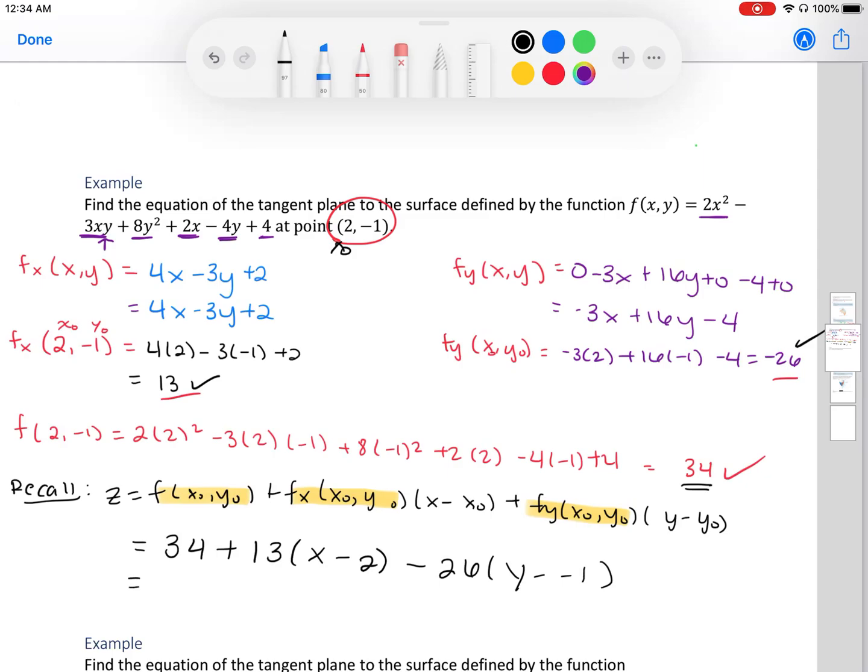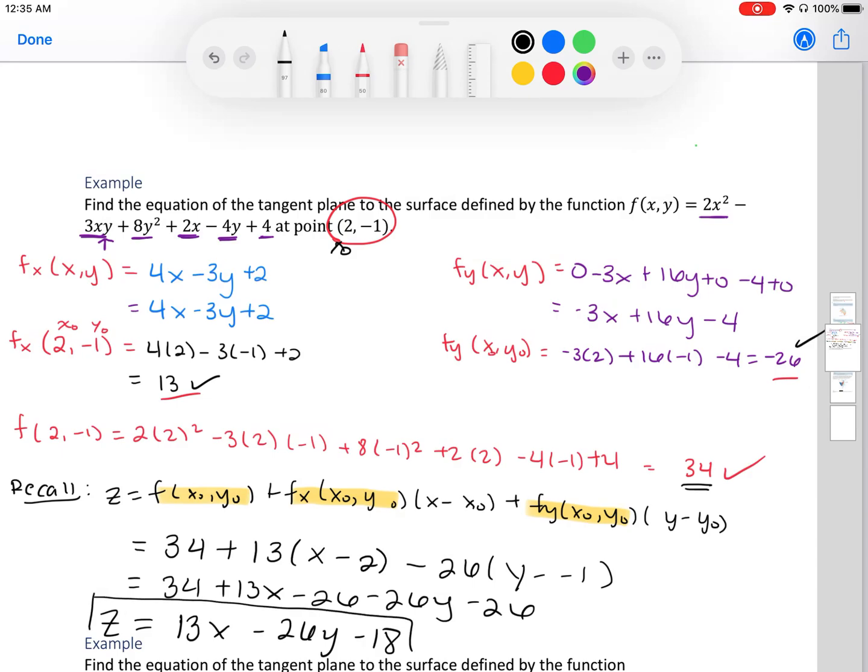Okay, let's clean that up. So we have 34 plus 13x minus 26 minus 26y minus 26. Combine like terms, our equation of our plane tangent to that point is 13x minus 26y minus 18.